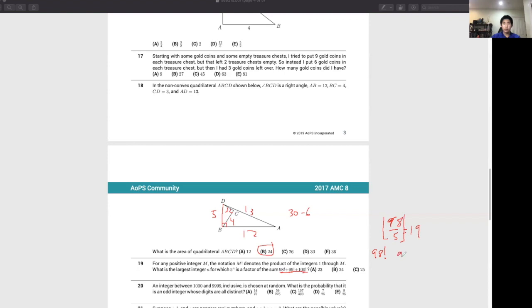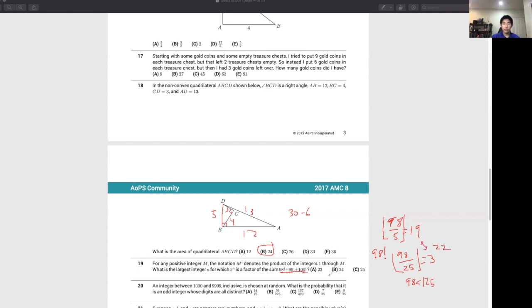But we also have to figure out how many of them are divisible by 25, because the 25s have 2 factors of 5. So 98 divided by 25 rounded down is 3. And next we can check 125, but 98 is less than 125, so we know there are no more. And that means there are 22 here.